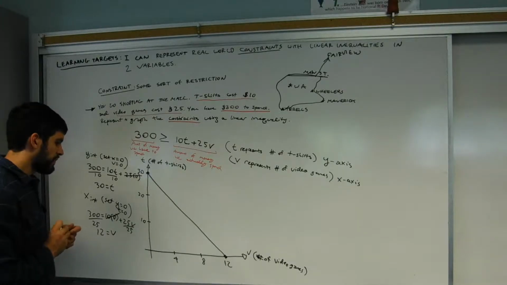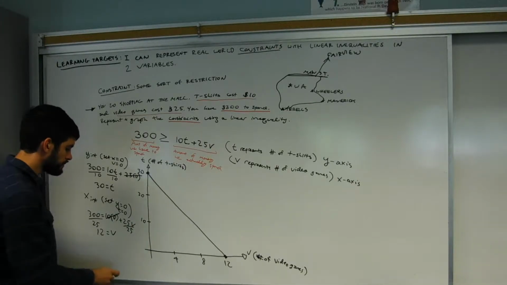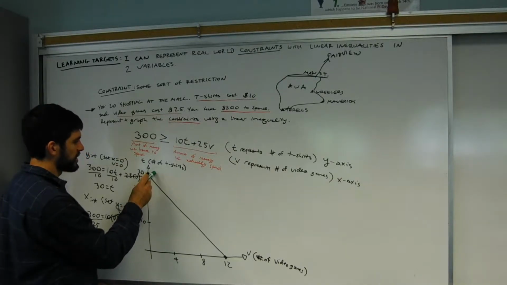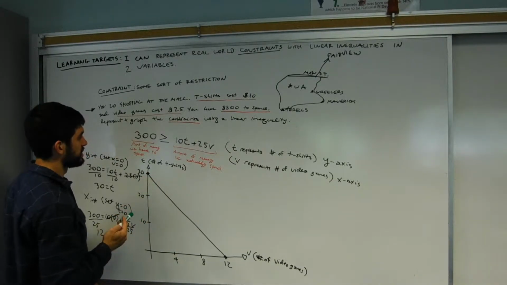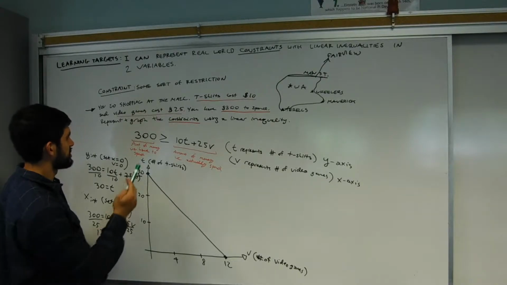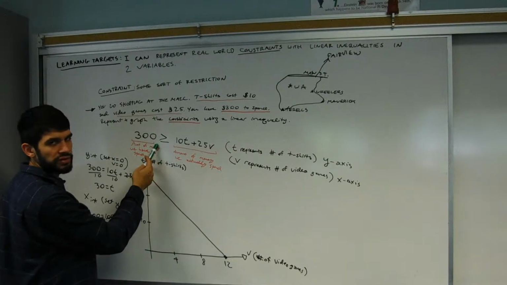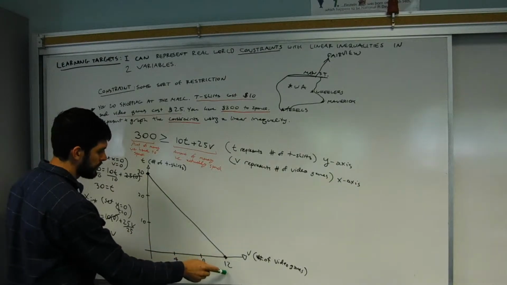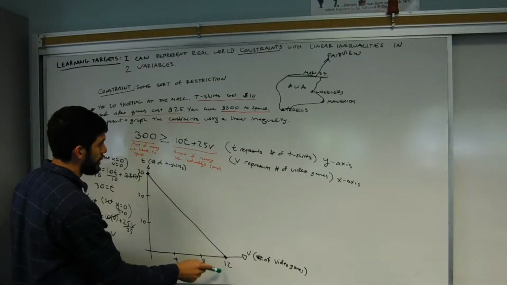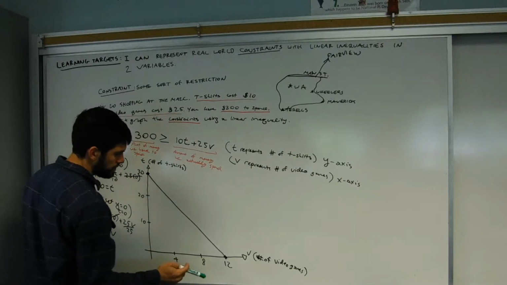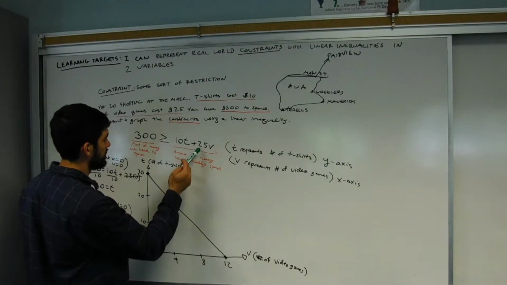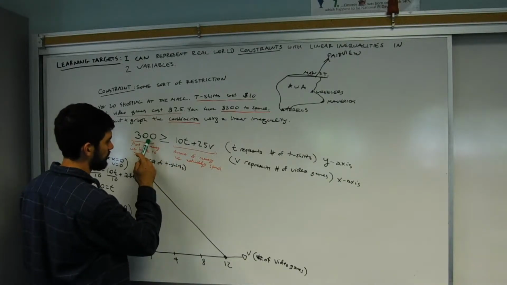And now we want to think about our problem a little bit. We're not going to be able to buy more than 30 t-shirts, right? Because if we bought 30 t-shirts, 30 times 10 is equal to 300, so that's our maximum amount. Similarly, we're not going to buy more than 12 video games, because 12 times 25 is equal to 300.